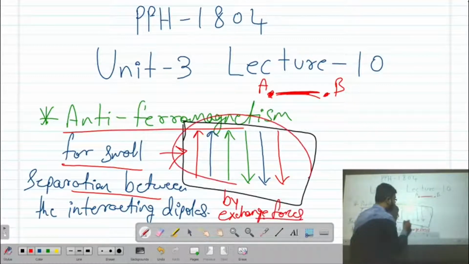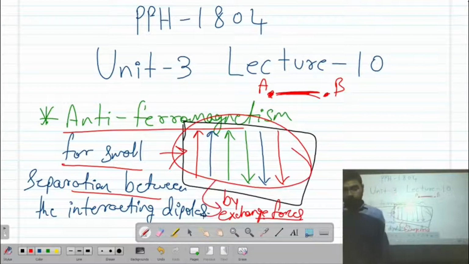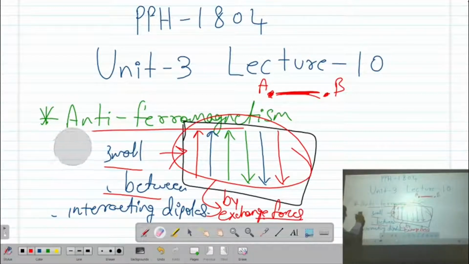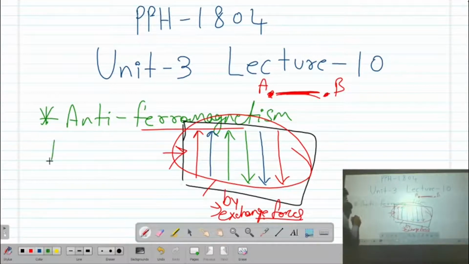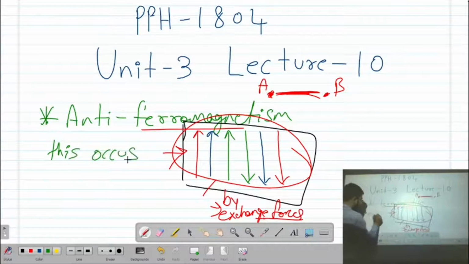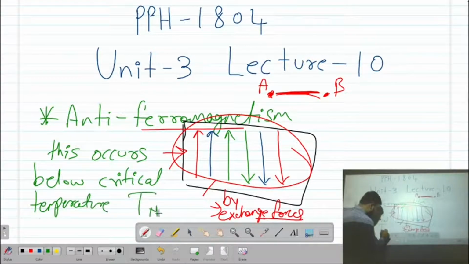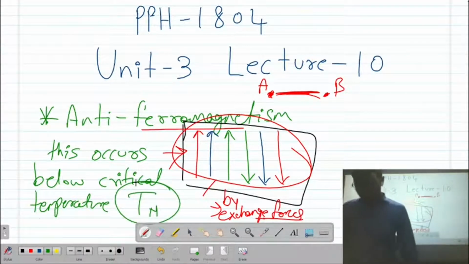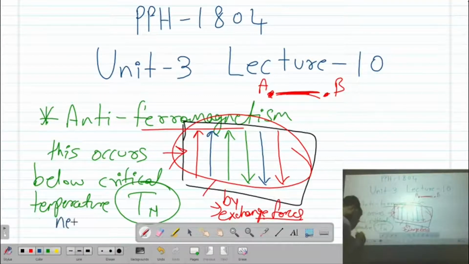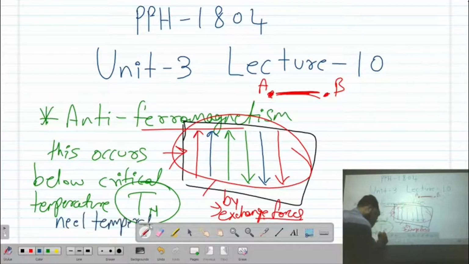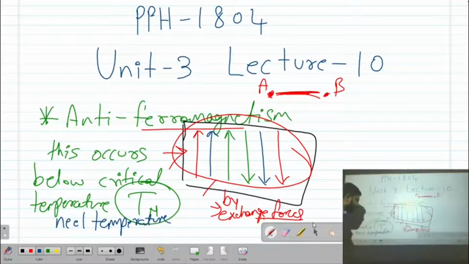So this kind of arrangement is going to happen by the action of exchange forces, and this behavior occurs below a critical temperature, which is known as TN, that is nothing but the Néel temperature.